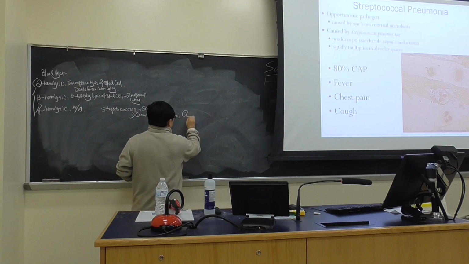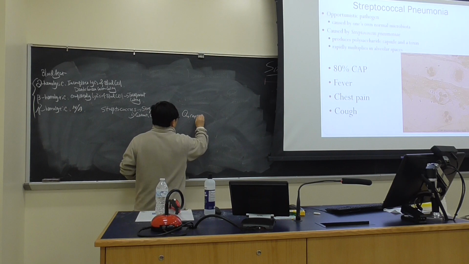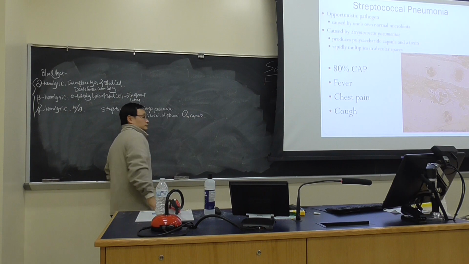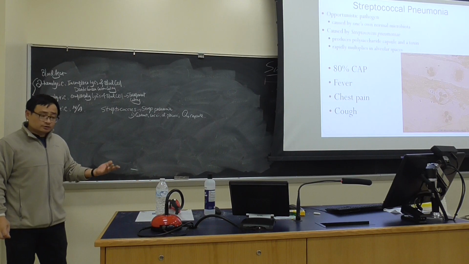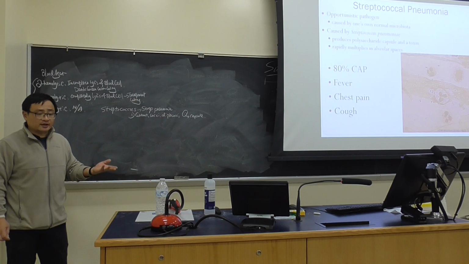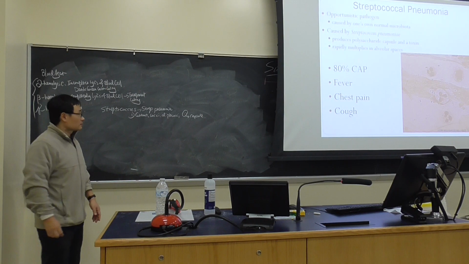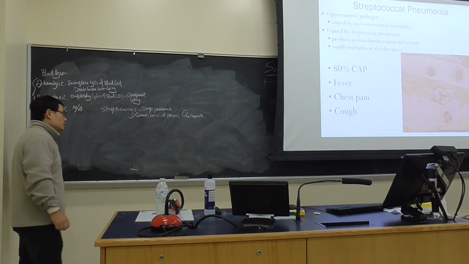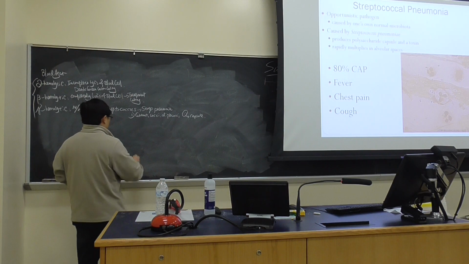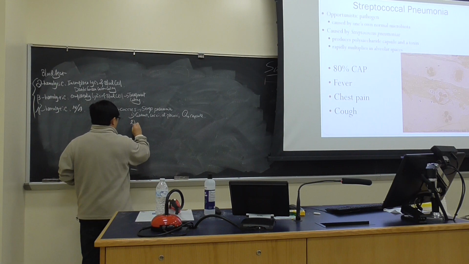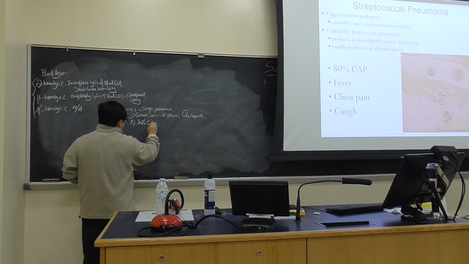This is the capsule. What's the capsule's function? It's composed of polysaccharides. It's anti-inflammation and anti-phagocytosis. So that's the first one. Gram-positive diplococcus. Streptococcus pneumoniae in the United States is responsible for 80% of CAP.